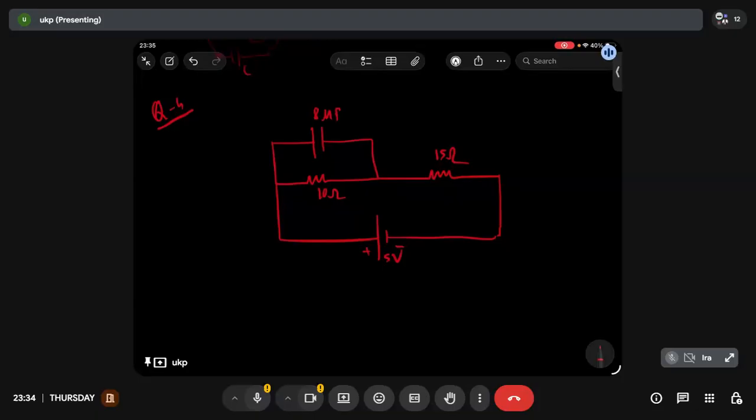Guys, the question is: find the charge on the capacitor at steady state. Q is the charge on the capacitor. Find the charge on the capacitor at steady state.